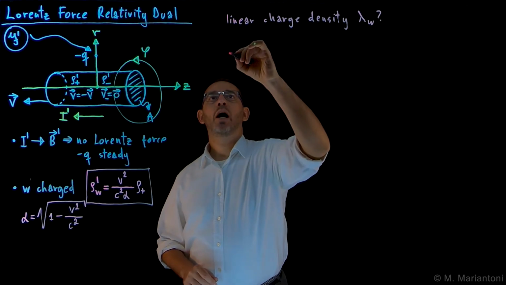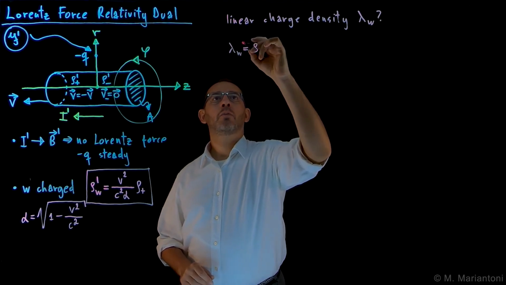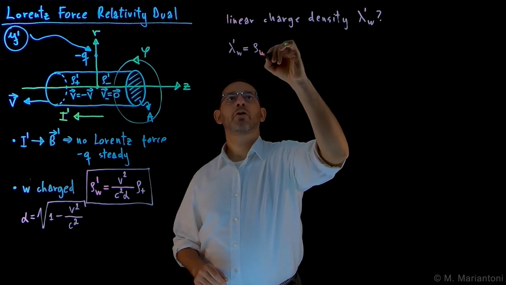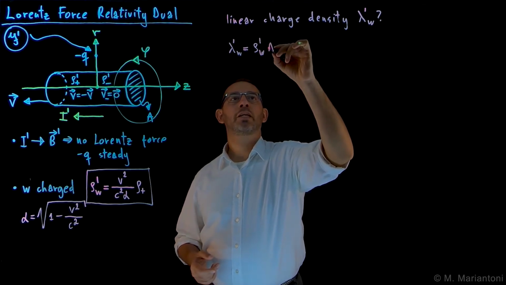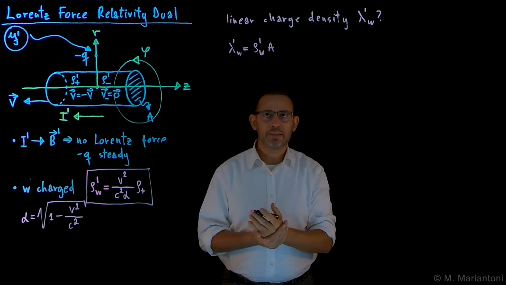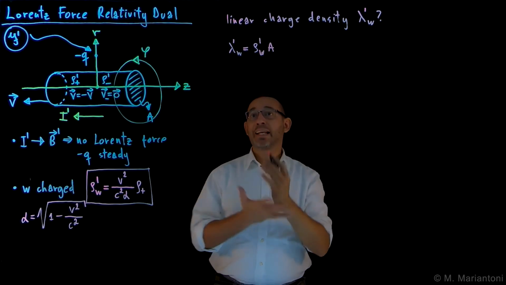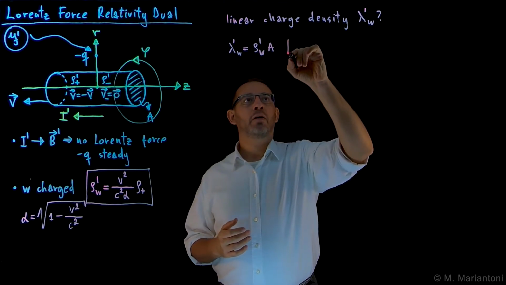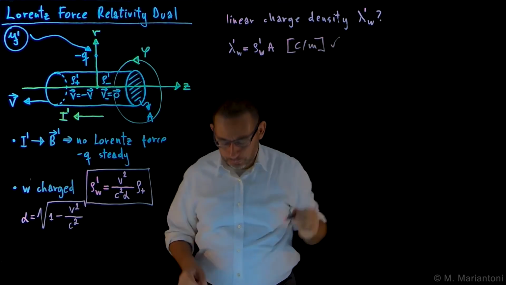Well, lambda w prime is clearly given by rho w prime times the invariant quantity, which is the cross-sectional area A. That's what it is, okay? Clearly units are correct, because this is coulomb over meter cubed times meter squared, which is coulomb over meter, which is lambda w prime. Even the units, let's write it down, is coulomb divided by meter, which makes sense.